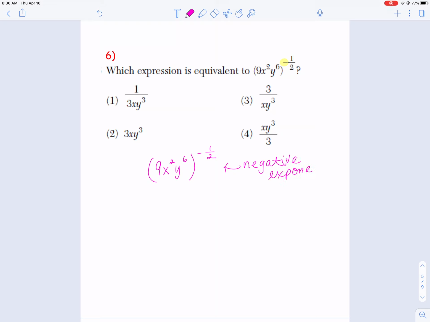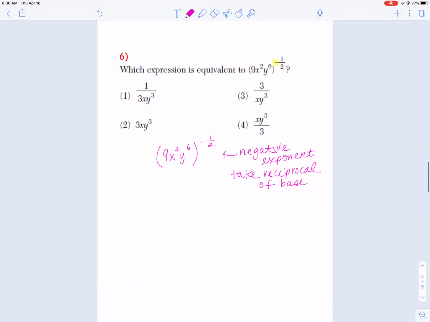In order to make a negative exponent positive, all you're going to do is take the reciprocal of the base. Okay, so that's going to automatically make your exponent positive.